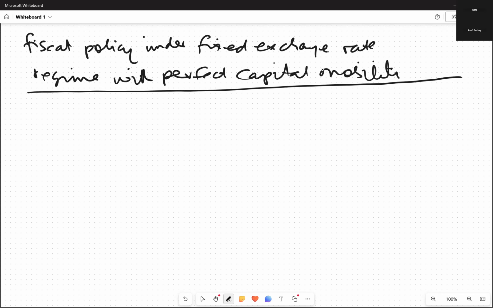So anytime we are below the BP curve, anytime we are at a disequilibrium, and the disequilibrium point is below the BP curve, it means we have balance of payment deficit.